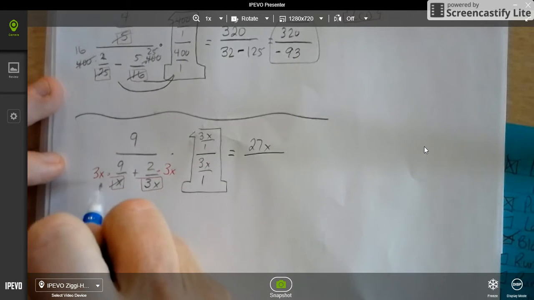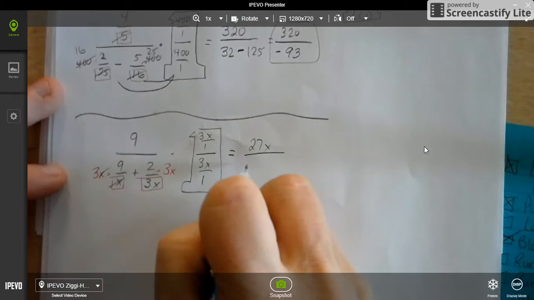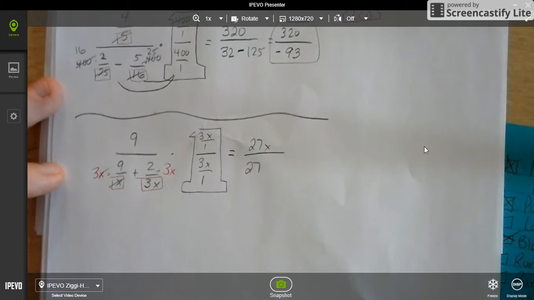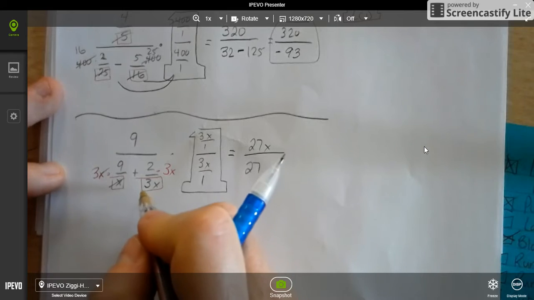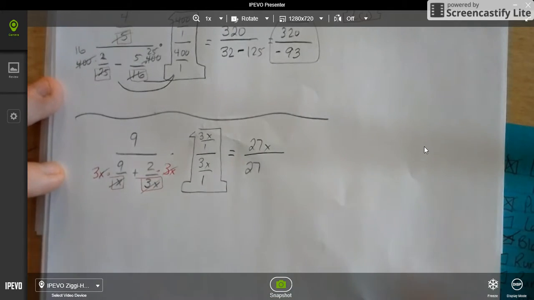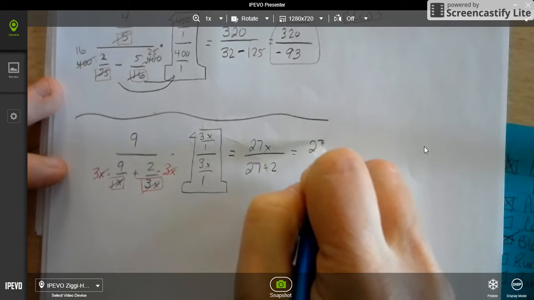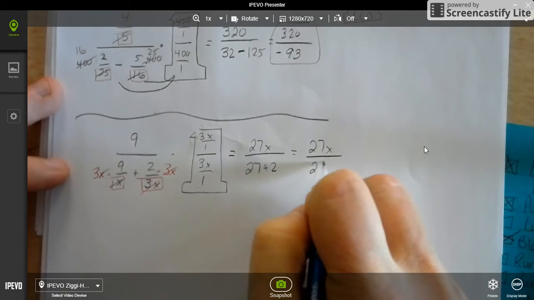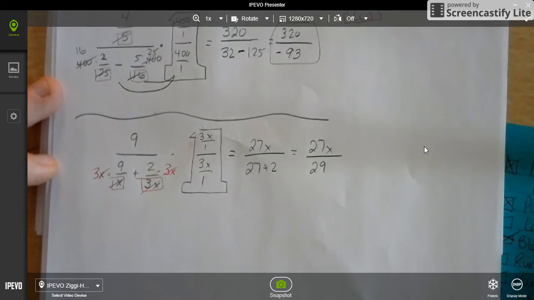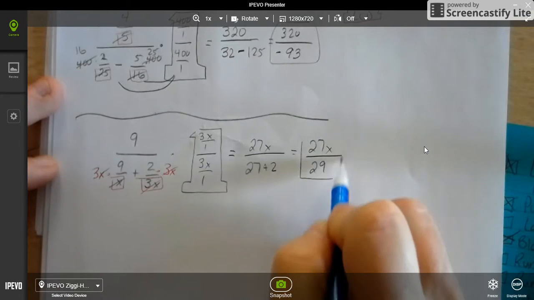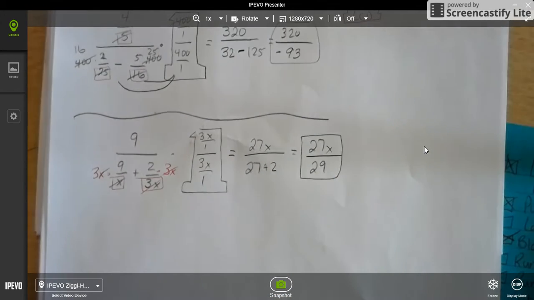So on the first one, the x eliminates, leaving 27. On the second one, the 3x is completely gone. So we're going to have plus 2 for that one. So cleaning up the denominator, 27x over 29 is your end result in that one.